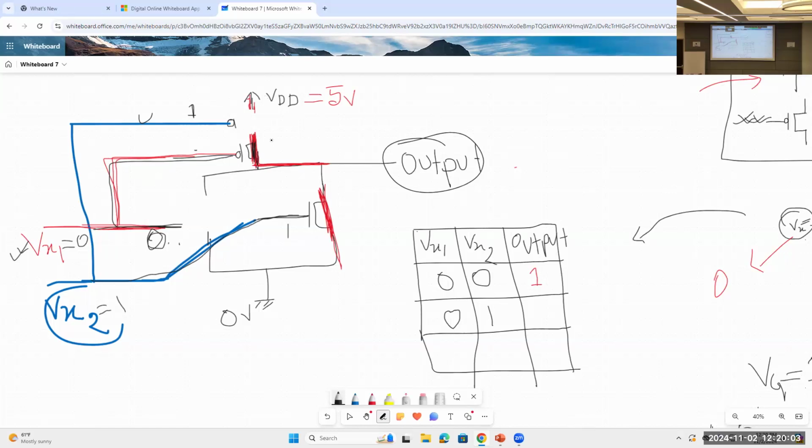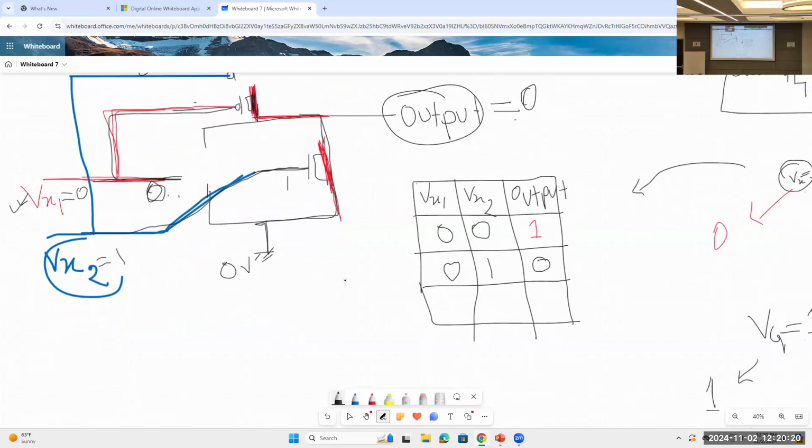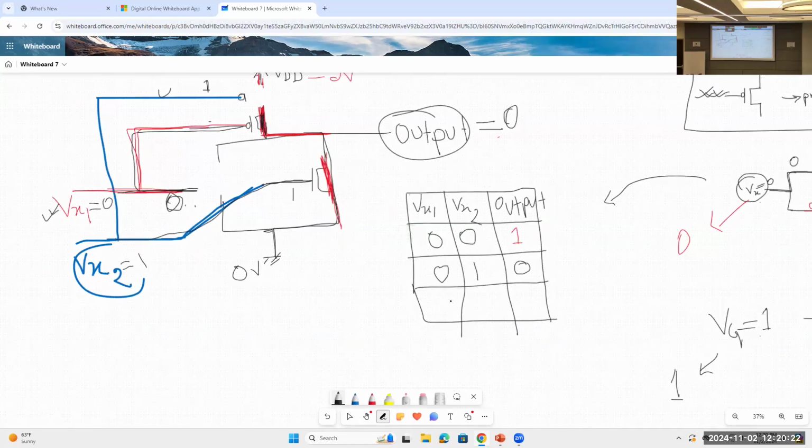So yeah, great. It is definitely not connected to VDD because there is a disconnection here, but it is connected to the 0 volt. So we will get 0 as output. Okay, so let's write 0 here. We have completed the second combination. We have 2 more combinations.